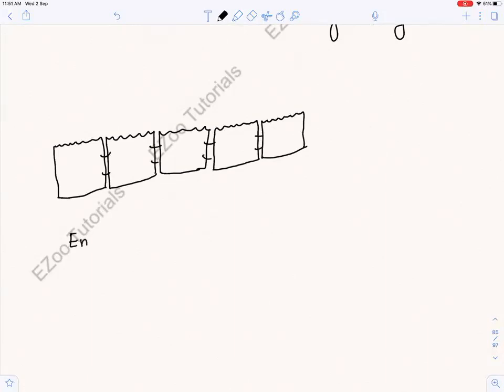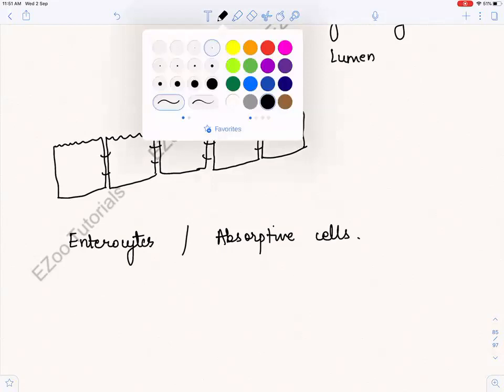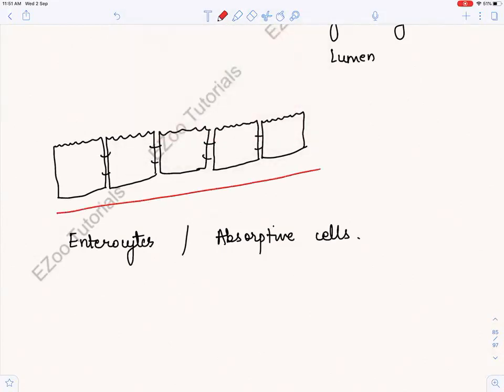These are enterocytes or absorptive cells. This is the lumen, and here is the bloodstream.